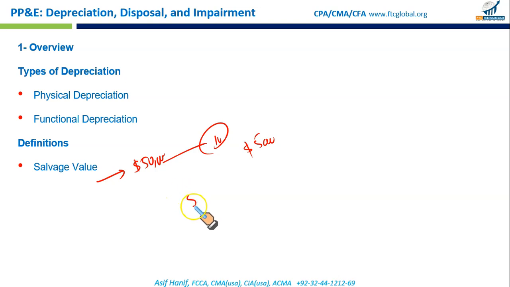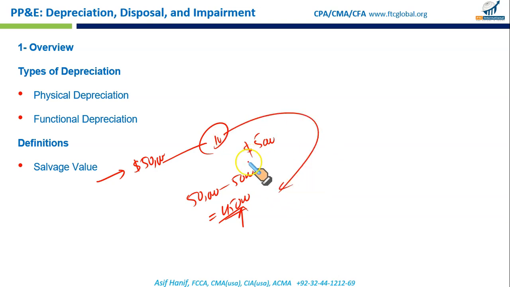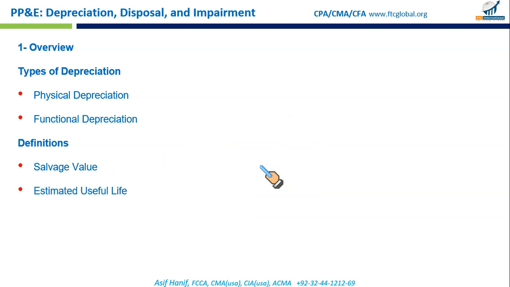That means $50,000 is the cost and $5,000 is the estimated scrap value or salvage value. The net figure of $45,000 is what you call the total depreciable amount, which we will depreciate over the 10-year life of the asset. So salvage value means the value at which the asset will be disposed of at the end of its useful life.